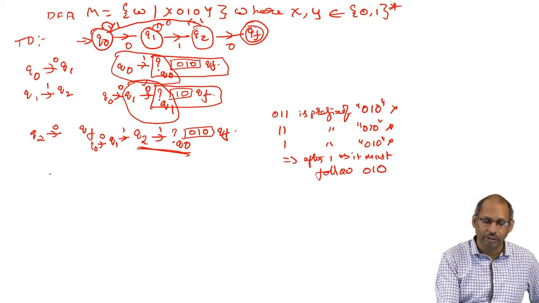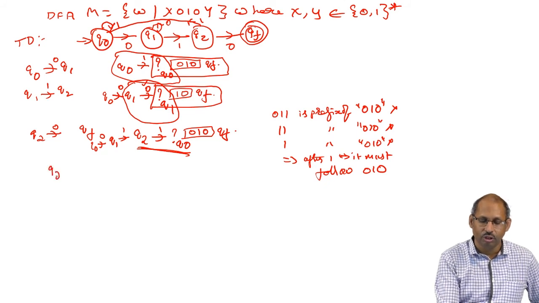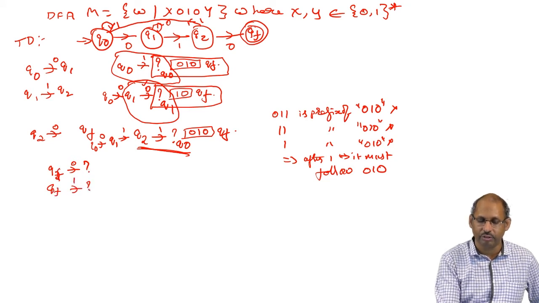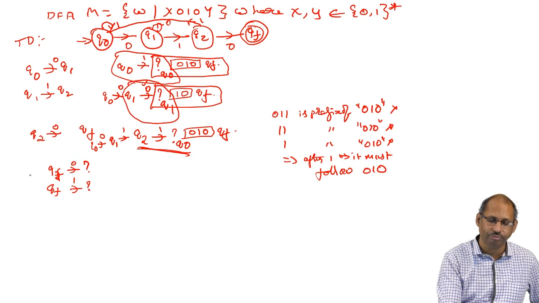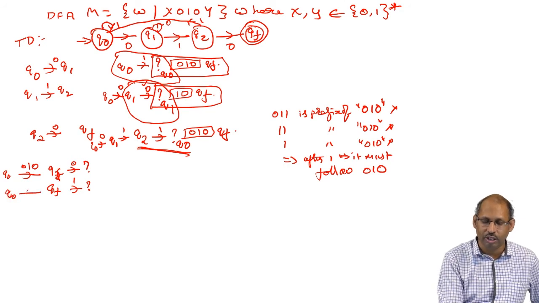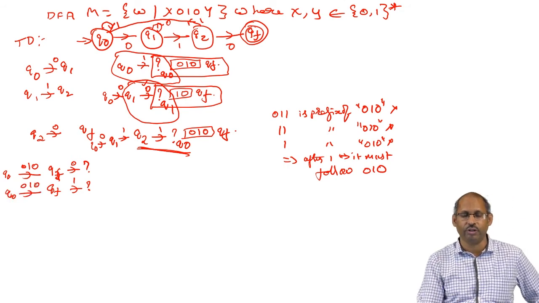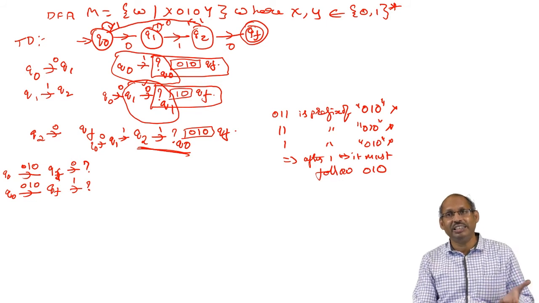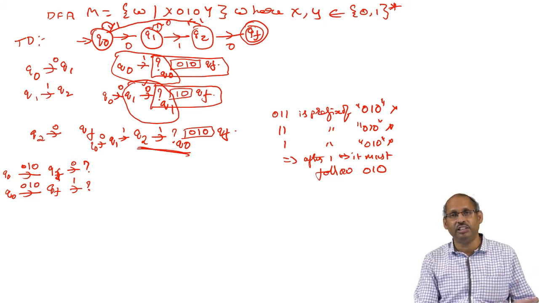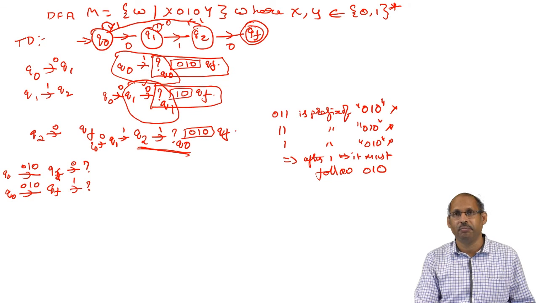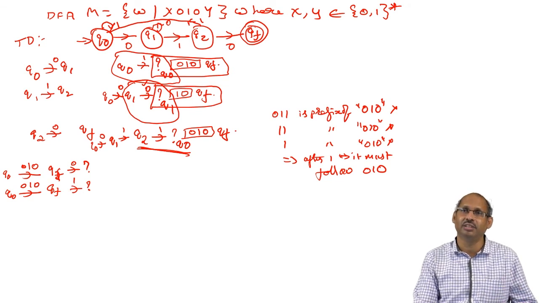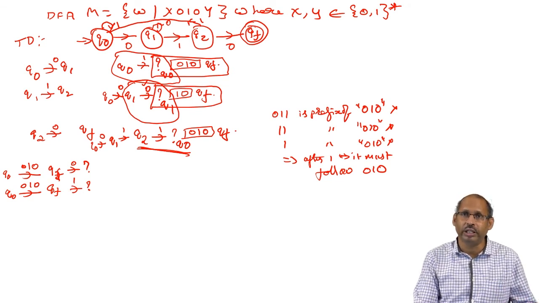Now QF, the final state. QF on 0 we have to find, and QF on 1 we have to find. How do we reach this QF? Q0 on 0 1 0 goes to QF. After reaching the final state, after satisfying the condition, it will stay in the final state only.